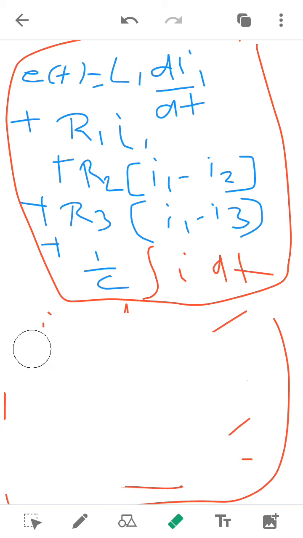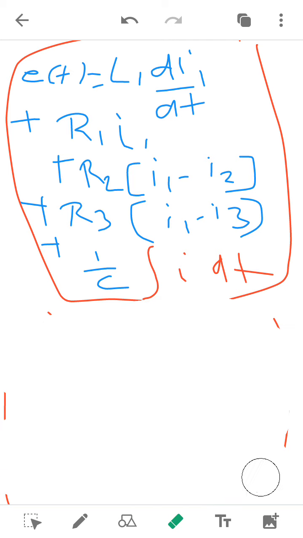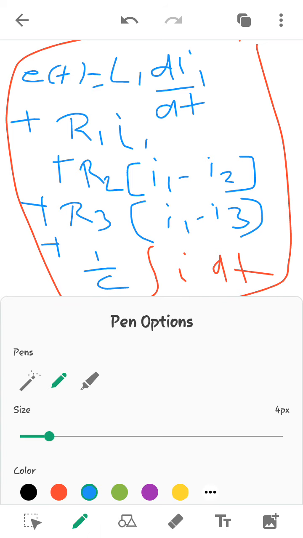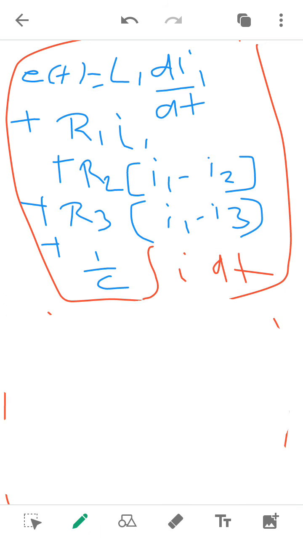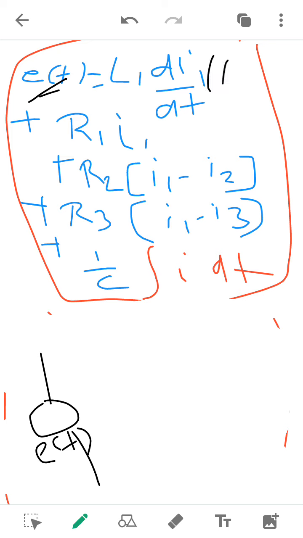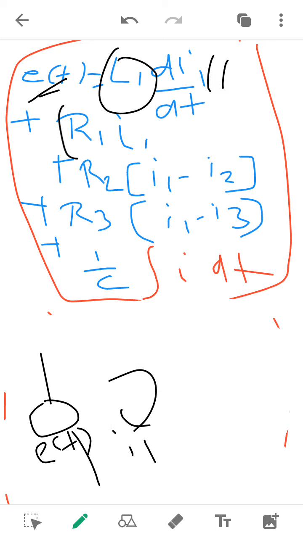Let me draw the circuit now. So there is a voltage source E of t. In this mesh, E of t is there. The current is I1. L1, R1 and C are all there.